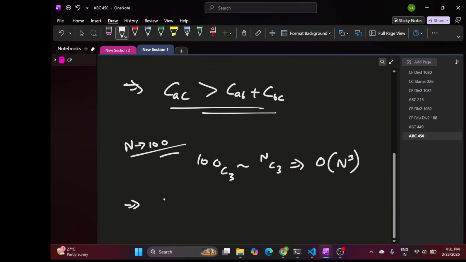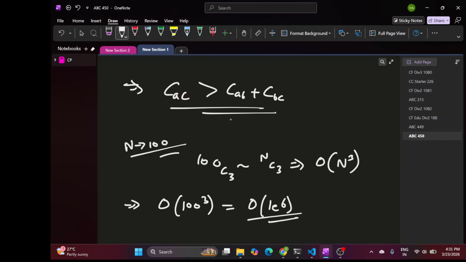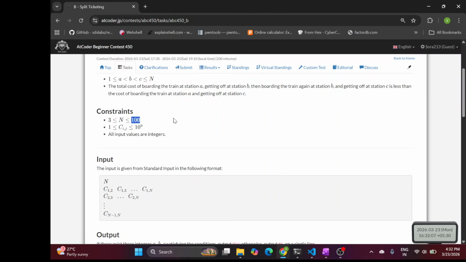Since n is only 100, it is about 10 to the power 6 only, so it will easily work. What we'll do is choose three points A, B, C, try all the possible points, and check whether it is possible or not. If it is possible for even one triple, that is our answer, and else it is no. This is just a direct brute force question.